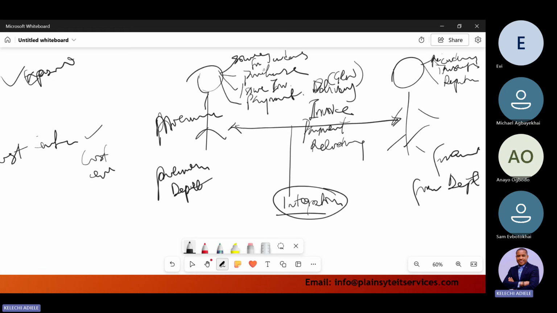Now, I don't want to go into deep details, but in a typical procurement scenario, the procurement department, like you said, will source for the vendor. They will raise quotation, they will raise PO, and then the supplier, depending on the contract and the terms of the arrangement, will supply the items to the procurement team, but the procurement team will need to move those items into a warehouse, depending on the kind of items.